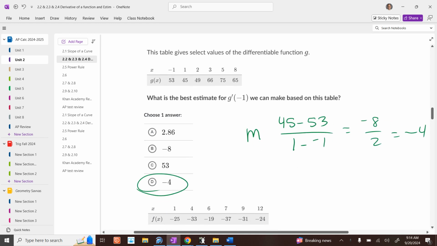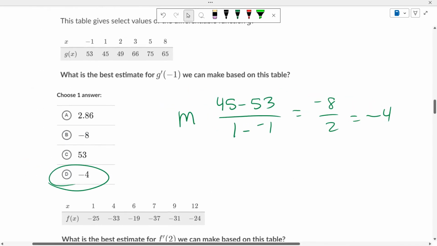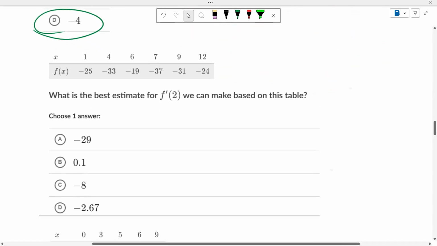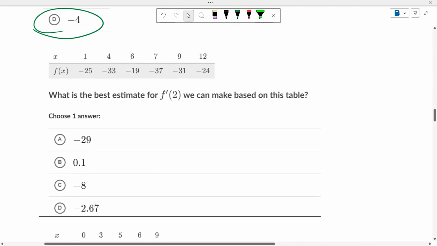So, since the first derivative is slope, the first derivative at -1, we found the slope between the two closest points to -1. Now in the next one, that point isn't even on the table. It's 2. So what 2 points are the closest to an x value of 2? 1 and 4.